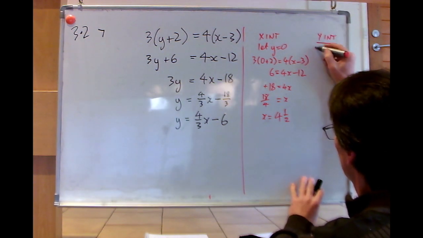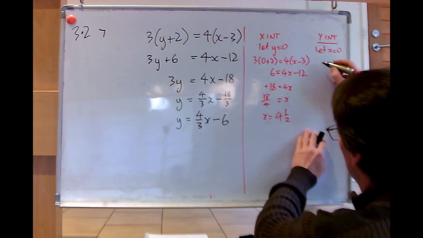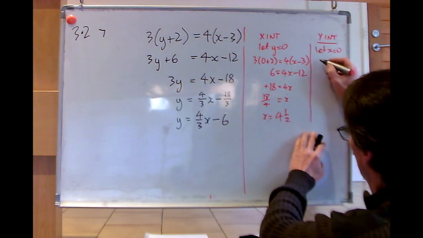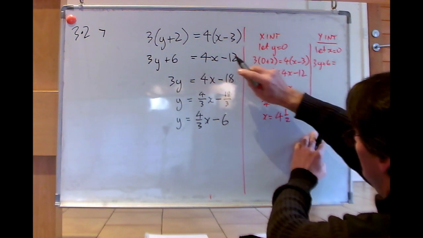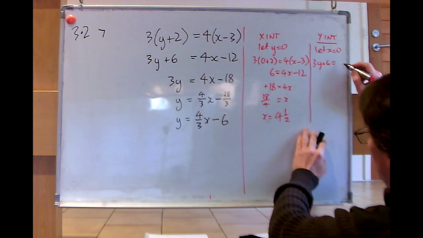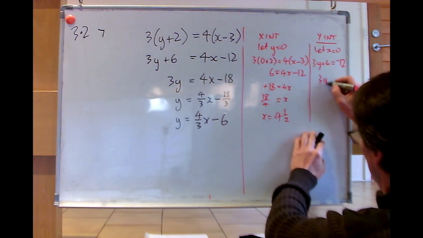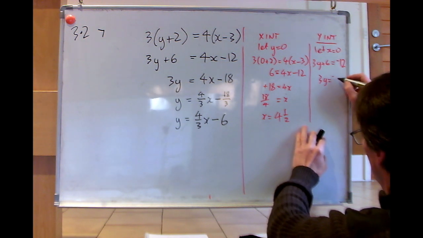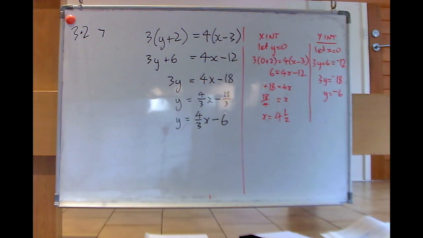Y-intercept, x equals 0. 3 times negative 2 plus 6, so I'll have negative 3 times 4 is negative 12. And I get negative 6 for my y-intercept.